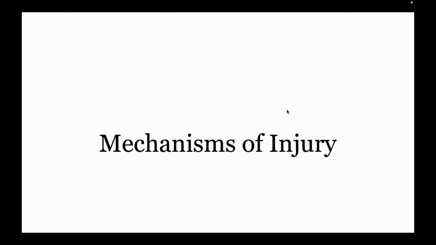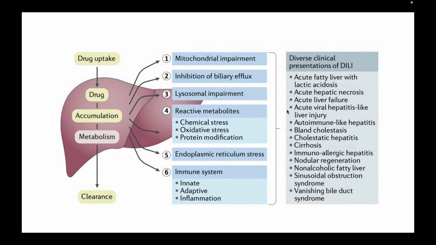Let's talk a little bit about the mechanisms of injury. As you know, when you take a drug, either PO or IV, eventually it'll end up in the liver. It'll get into the sinusoids and be taken up by the hepatocytes. During this process, or in the hepatocyte itself, the drug can cause a number of things.